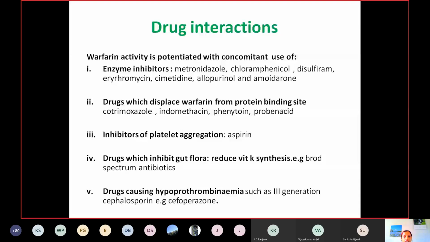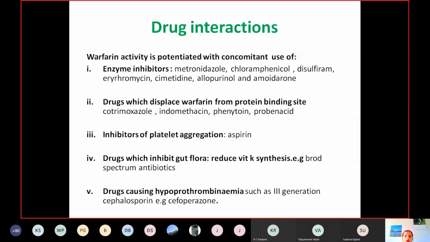Drugs which inhibit gut flora, because gut flora are responsible for synthesizing vitamin K. Okay, and this vitamin K is required for the activation of the clotting factors. So when these drugs inhibit the gut flora, that means the clotting factors are decreased.